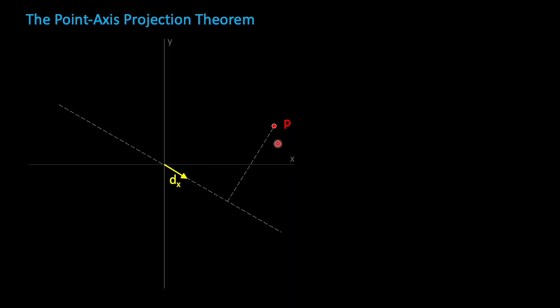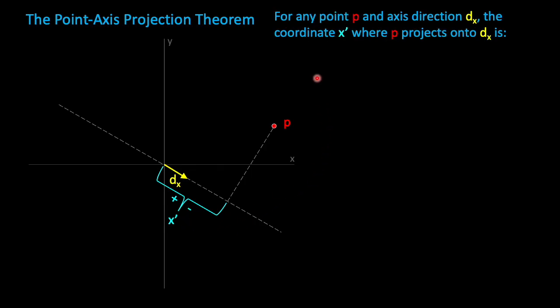And if we want to obtain the coordinate that P would have when projected onto this axis direction, call that x prime, then the theorem states for any point P and axis direction dx, the coordinate x prime where P projects onto dx is this simple calculation. So the point dot product direction vector for the axis, P dot D.